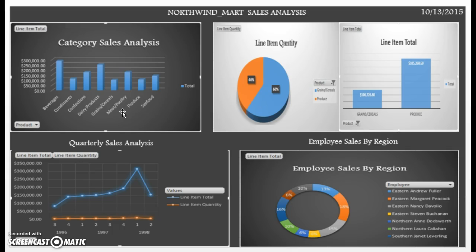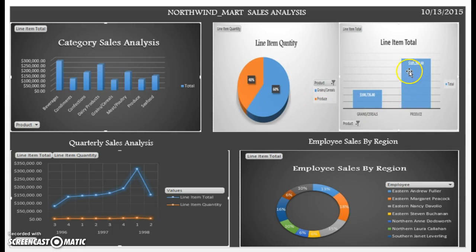The reason is, here we can see on comparison of quantity and totals between produce and grains and cereals, on 60% of sales on grains and cereals, the total achieved was around $100,000, whereas the same total was achieved, in fact more was achieved, on produce with sales of just 40% when compared to grains and cereals.